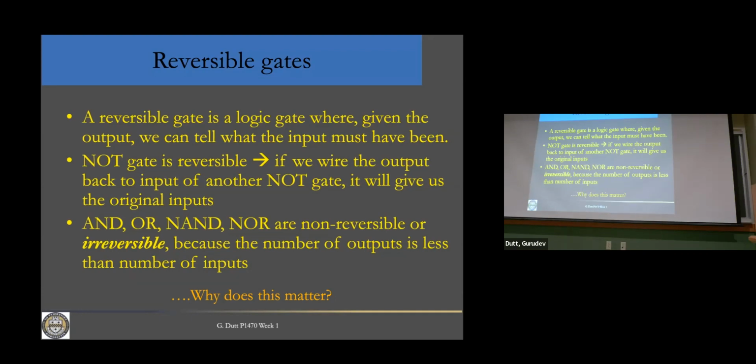And in fact, one of the reasons we are interested in this is that information loss is kind of one of the problems. In the beginning of classical computing, people worried about it, and they came up with reversible gates. There were two famous scientists, Fredkin and Toffoli.